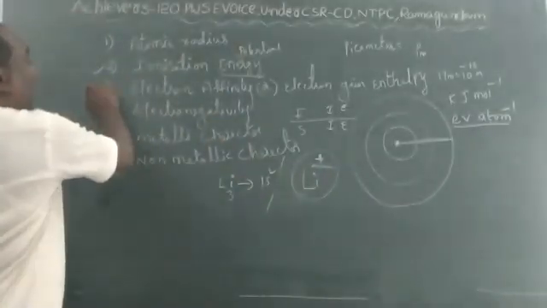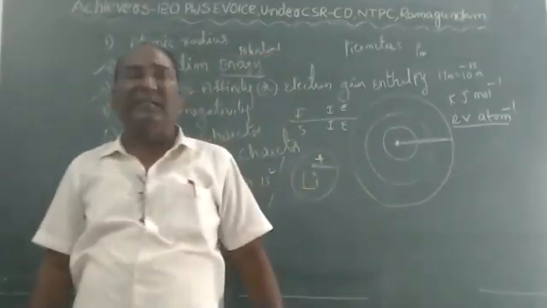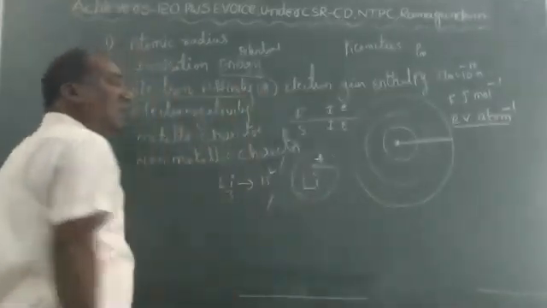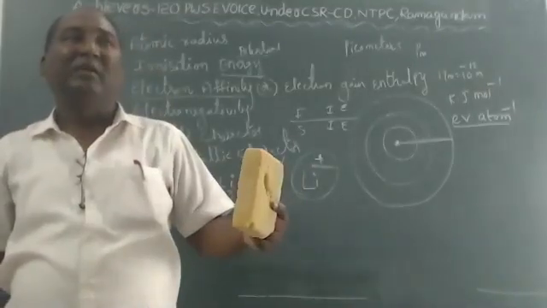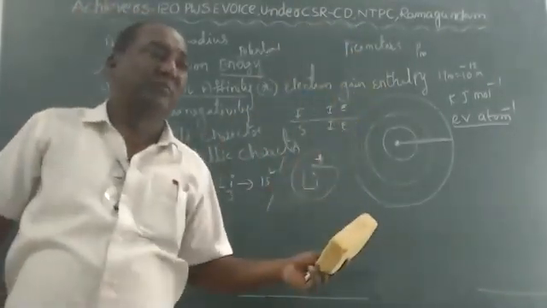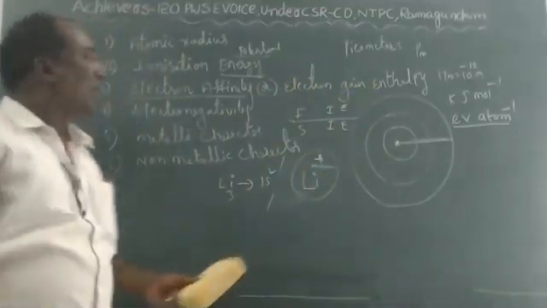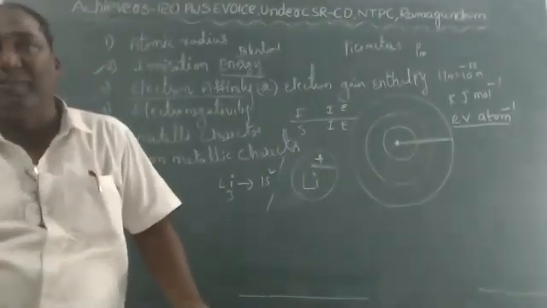Next one, electron affinity or electron gain enthalpy. Electron affinity means the energy liberated when one electron is added to a gaseous atom. When we add an electron to the atom, how much energy is liberated?